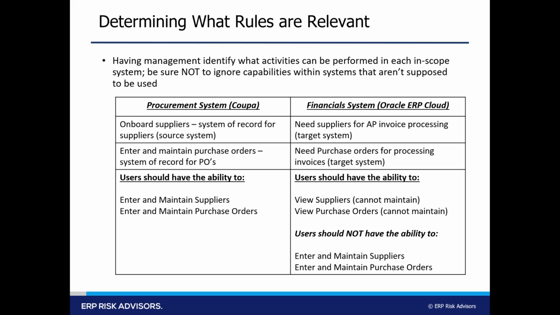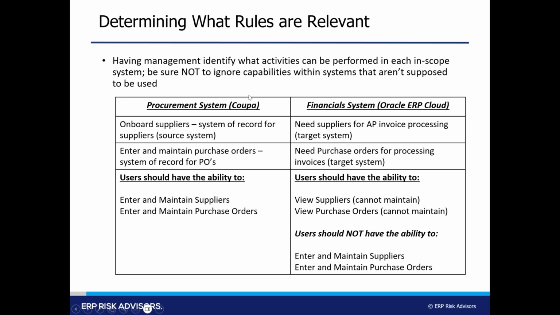I'm going to go into another what rules are relevant scenario, and what I see often that management and auditors do wrong. And this is where you have an integration between 2 systems. So for example, maybe you have a procurement system where you're onboarding suppliers and requisitions and POs, like a product like Coupa.